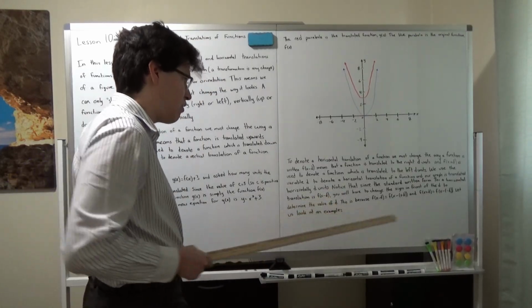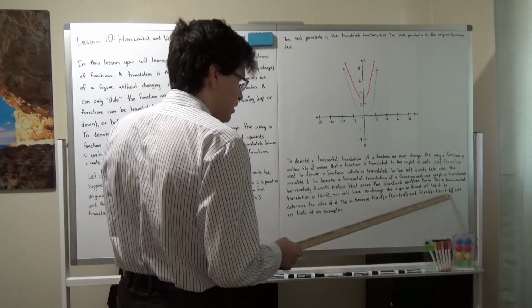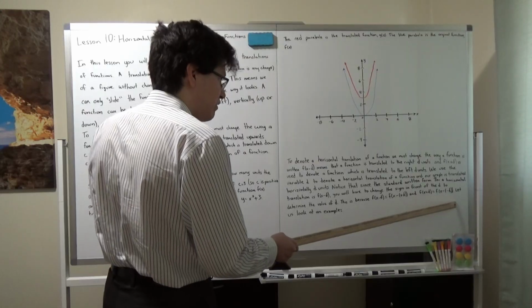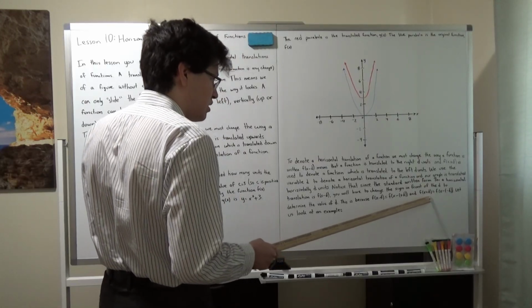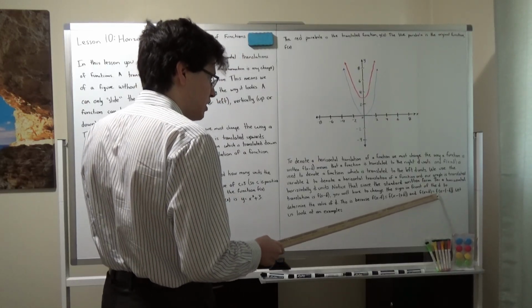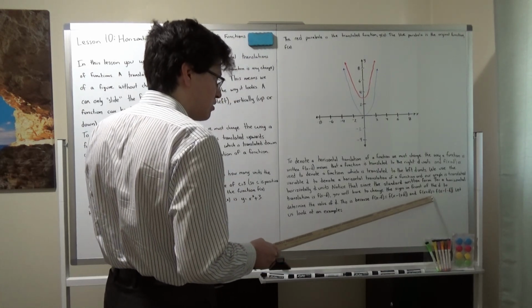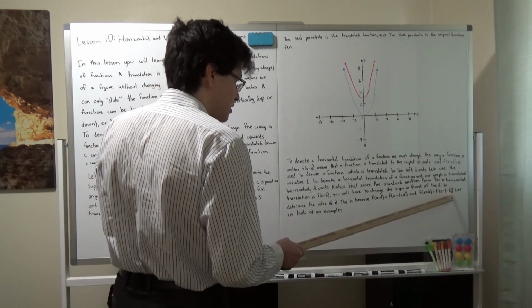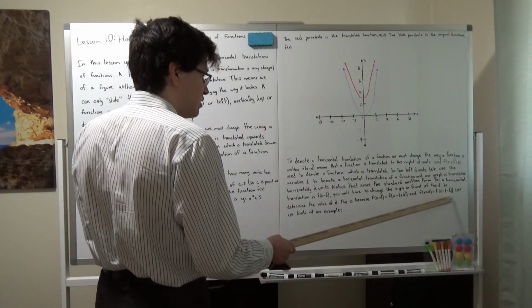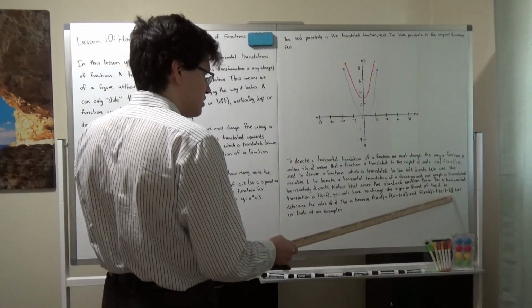So here d is equal to negative d, and we translate to the left d units.